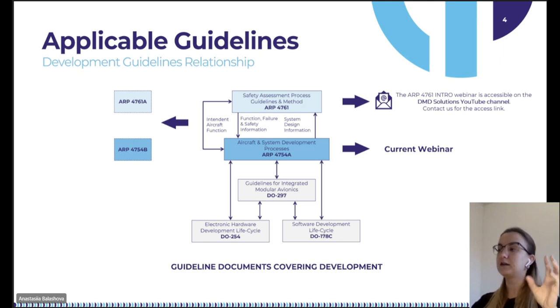ARP4754A was released in 2010 and ARP4761 in 1996. At the time we were preparing this webinar, the new versions were not available, but at the end of December 2023, they were issued as a Christmas present for all system and safety engineers.